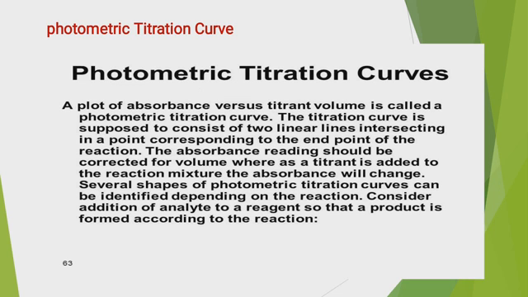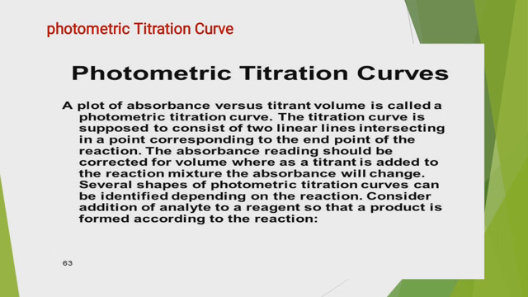The titration curve is supposed to consist of two linear lines intersecting at a point corresponding to the end point of the reaction. The absorbance reading should be corrected for volume, since the titrant is added to the reaction mixture and the absorbance will change. Several shapes of the photometric titration curve can be identified depending upon the reaction.